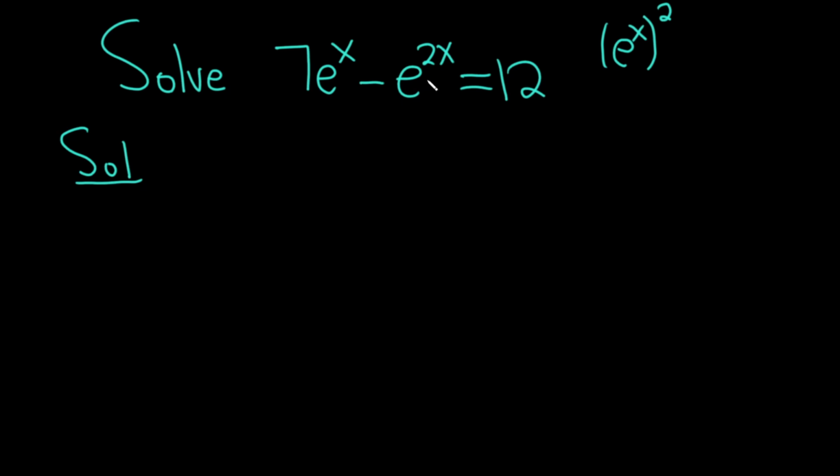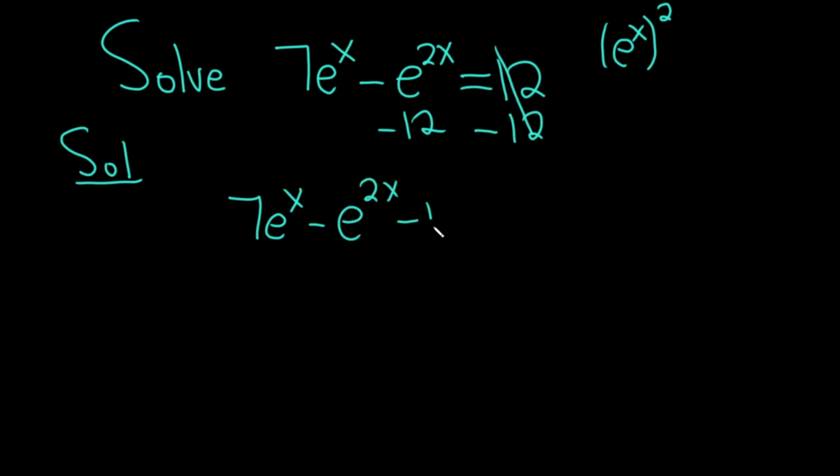Because we typically set quadratic equations equal to 0 to solve them, let's start by doing that. So we'll subtract 12 from both sides. These cancel, so we have 7e to the x minus e to the 2x minus 12, and that's equal to 0.